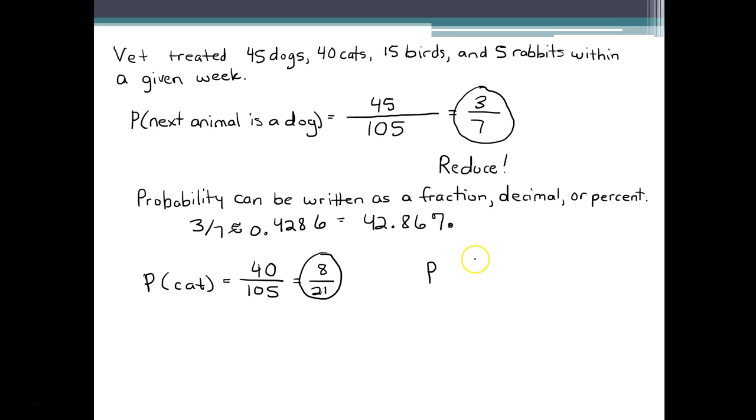And then the probability the next animal is a rabbit is 5 over 105. 5 goes evenly into those, so that's 1 over 21. So there's your probabilities. So there you have it. Alright, so that's empirical probability for you.